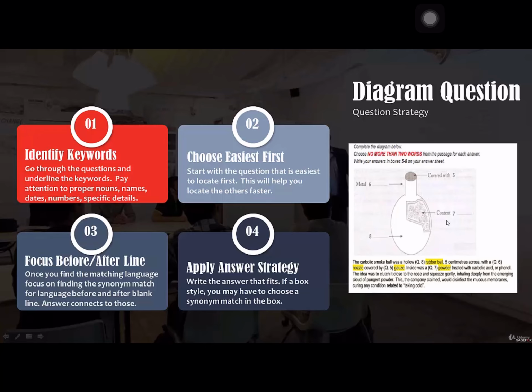Of course, on a diagram, you want to choose the part of the diagram that's easiest to find the answer for first. In terms of the scanning part, like I said, normally it doesn't involve a lot of scanning, because they're going to describe the diagram normally in just one paragraph, two maximum.